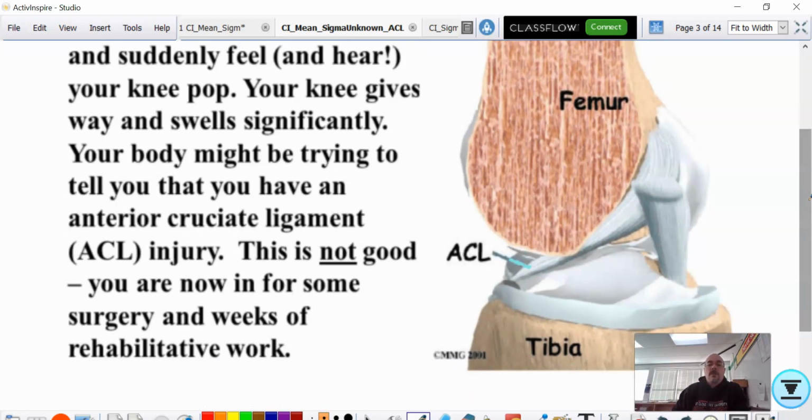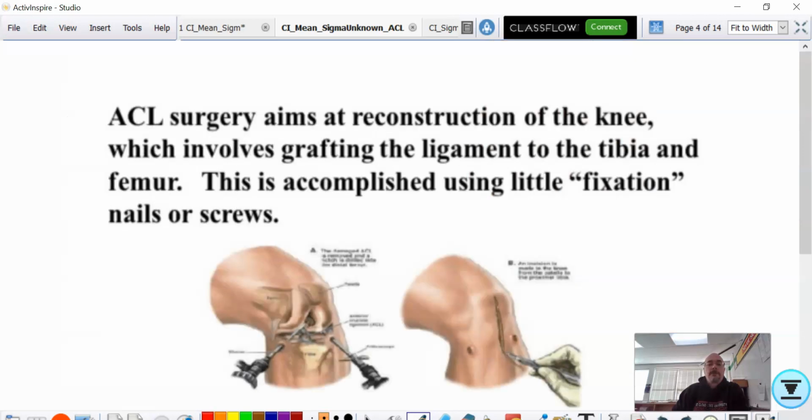This is not good. You are now in for some surgery and weeks of rehabilitative work, okay? ACL surgery aims at reconstructing the knee, which involves grafting the ligament to the tibia and femur. This is accomplished using little fixation nails or screws.